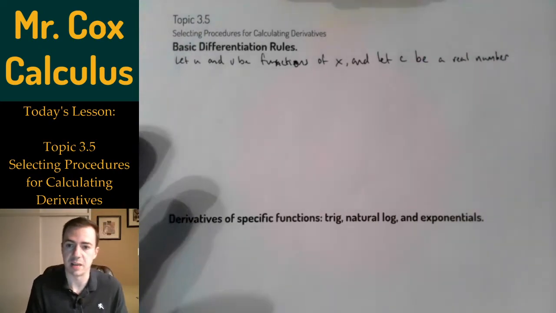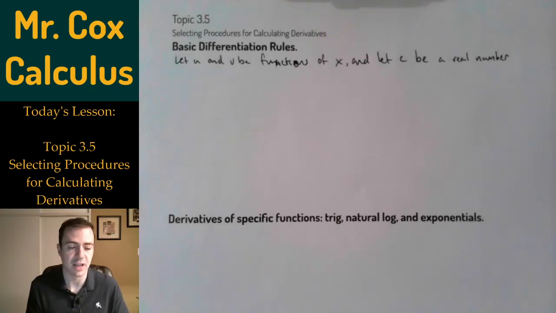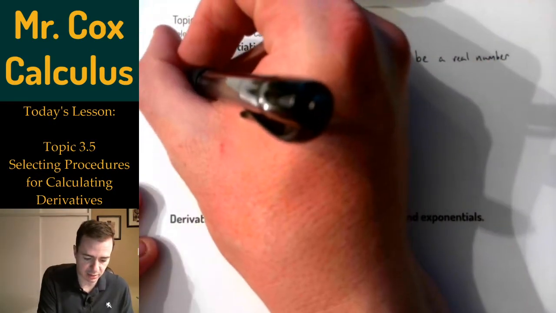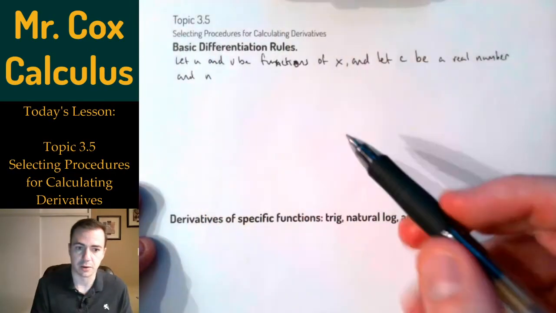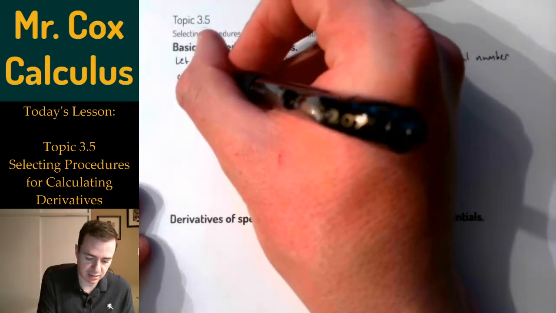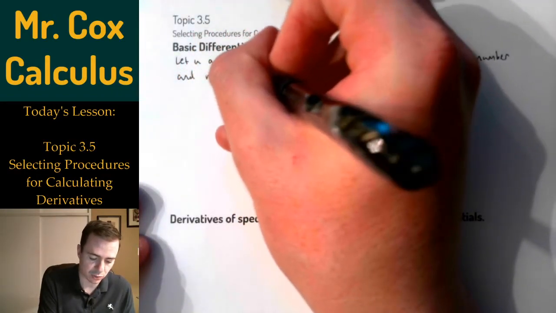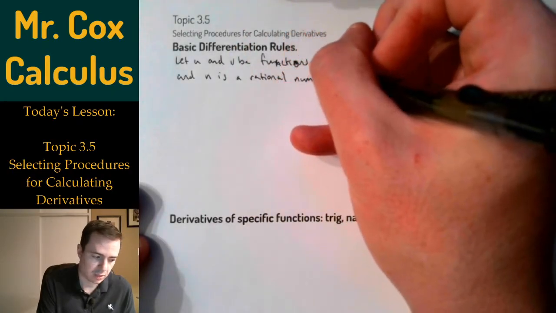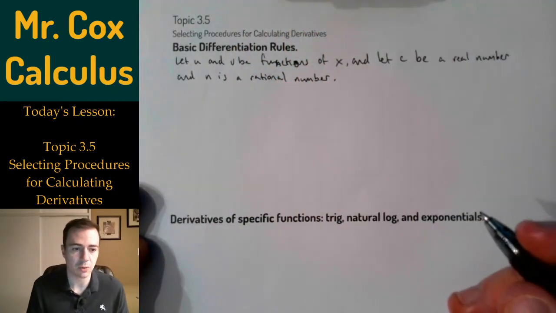Throwing out all the disclaimers here, c is going to be our constant value in a moment. So c is going to be a real number, and n, which is going to serve as an exponent for us in a moment, is a rational number. Well, that means that the following rules are true.